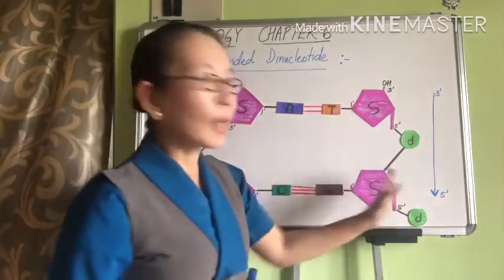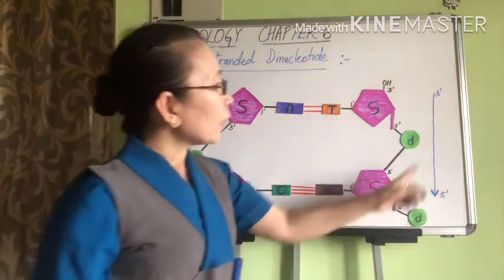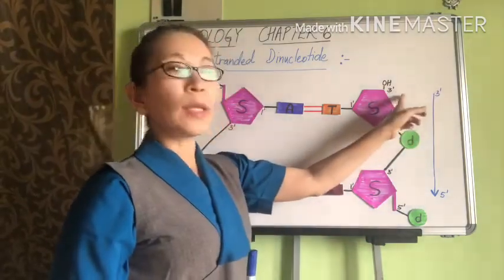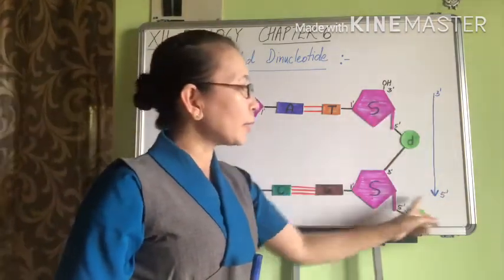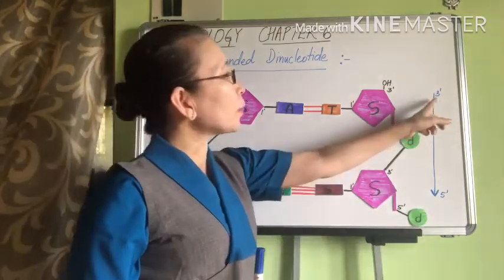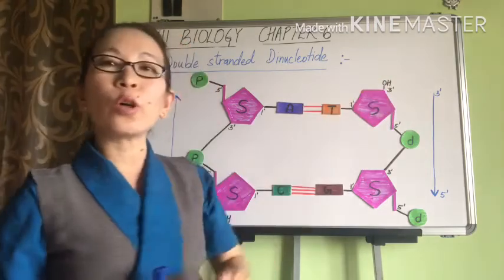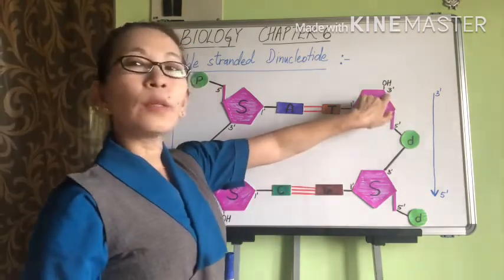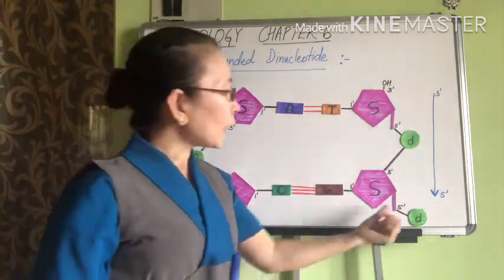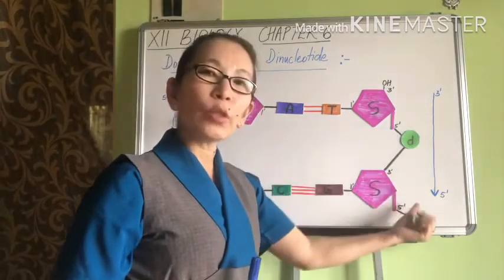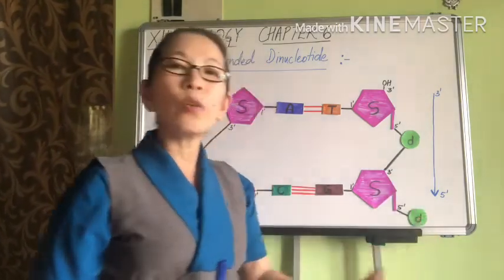Whereas in the right side strand, the 3' end is at the top and the 5' end is at the bottom. This is the 3' end of this strand because here we have the free hydroxyl group of the 3' carbon sugar, whereas this is the 5' end of this strand because here we have the free phosphate group of the 5' sugar.